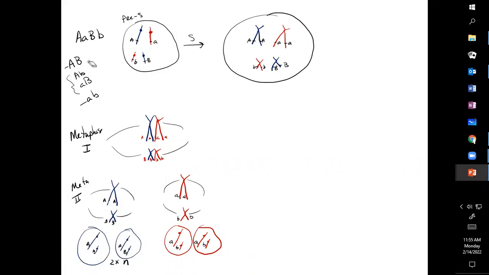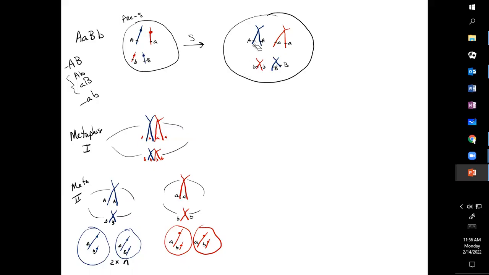So we generated our big A, big B gamete and our little a, little b gamete, but where do the other two come from? That has to do with the chromosomal basis for Mendel's law of independent assortment.